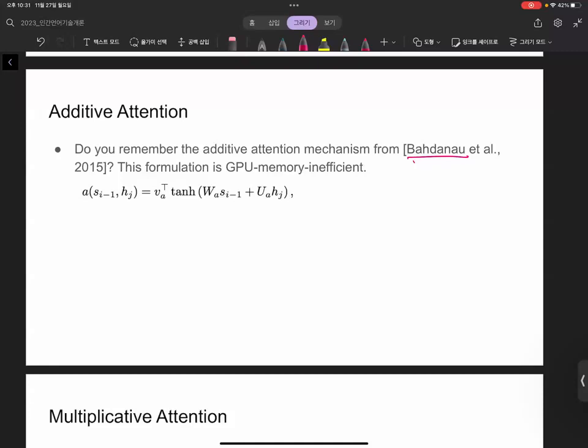So this is the previous decoder hidden state. And this is the current hidden state, encoder side hidden state. Not current and previous. I minus 1.